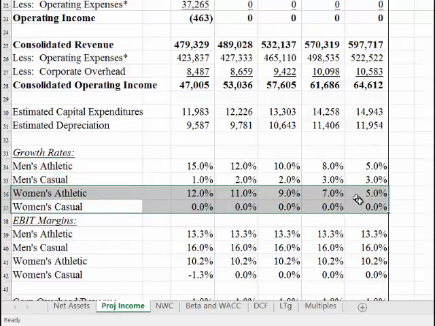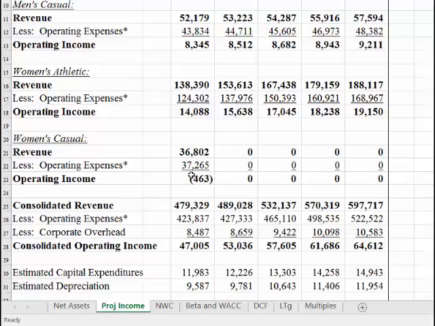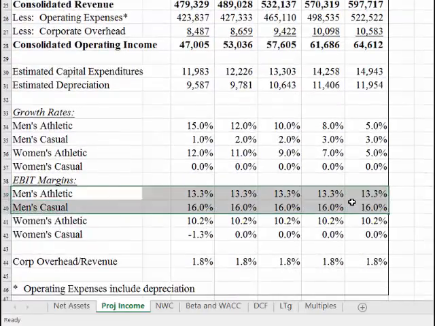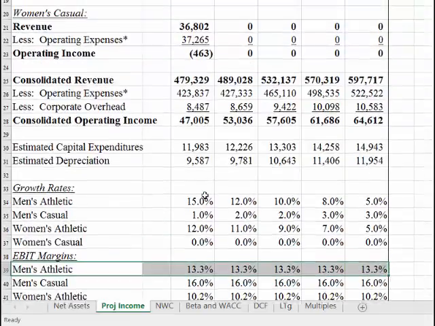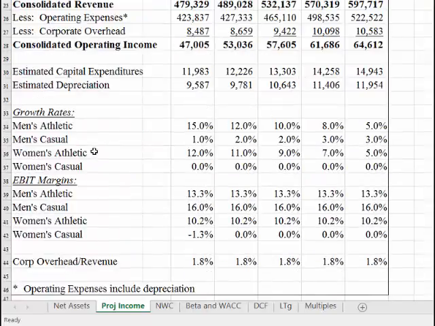Women's casual, you can see it has a 0% growth. And if you look back to the projected revenue after the first year, they're going to exit that business. So there will be 0 sales and there will be 0 operating expenses associated with those sales. The next thing you want to do is look at the EBIT margin, which is the earnings before interest and tax, or this operating income that we talked about earlier.